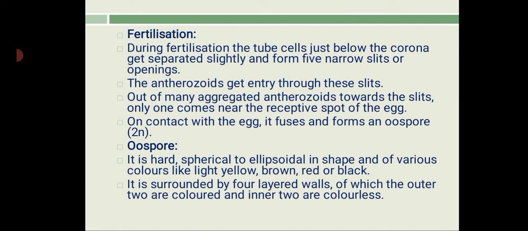They are 5 in number, and these 5 corona cells get separated when it is matured, और वो नैरो स्लिट्स का निर्माण करती हैं.